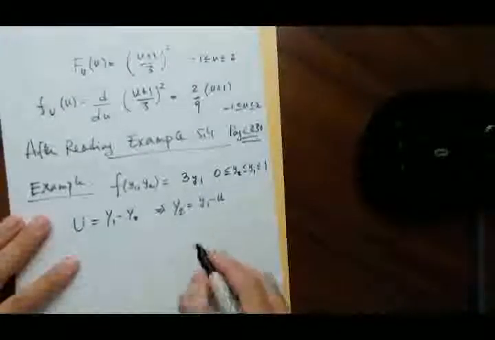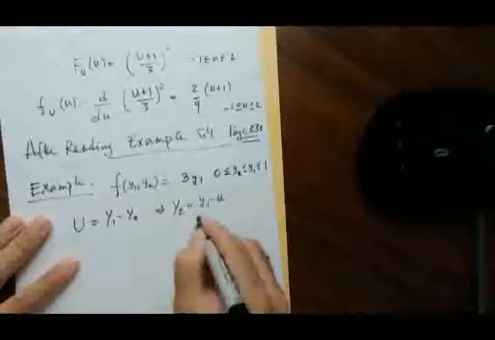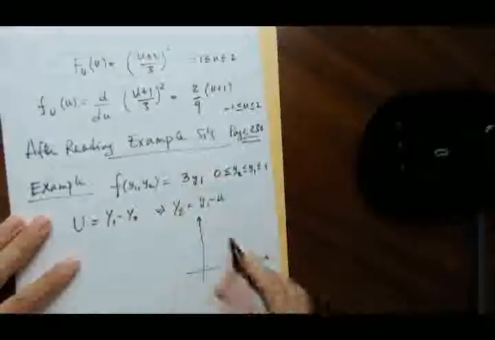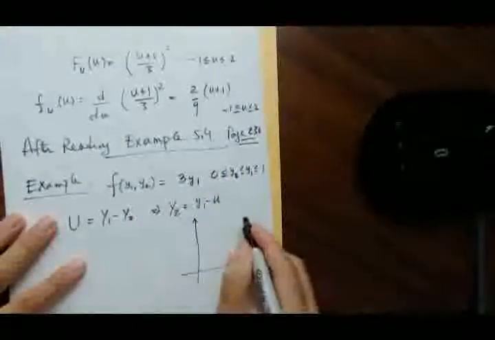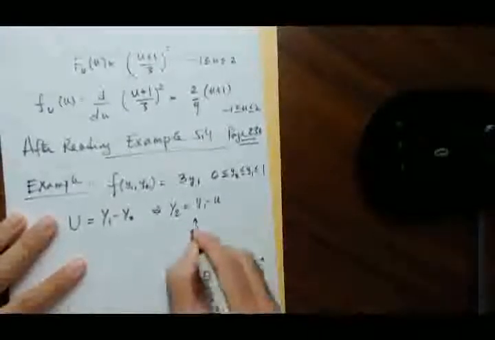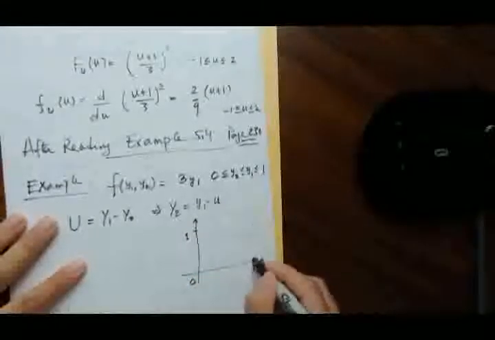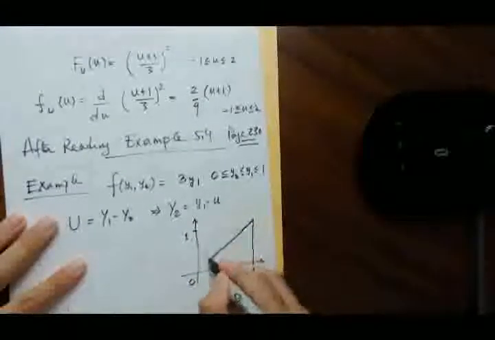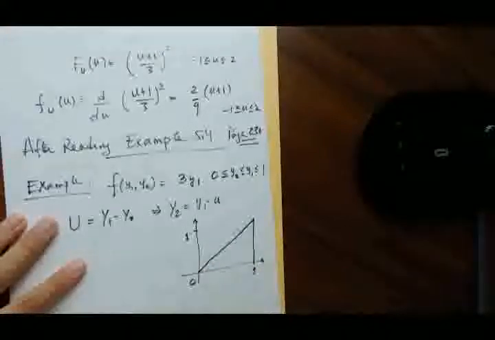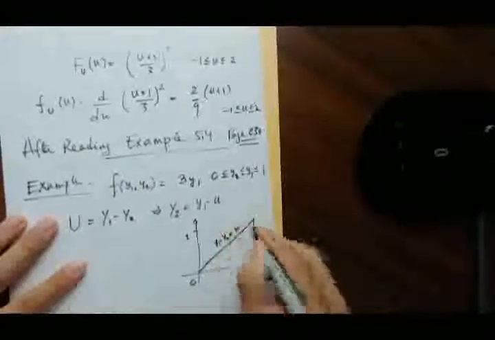Now, here is a little graph I'm drawing here, which will make more sense if you understand example 5.4. So this is between 0 and 1, what's happening. I'm drawing this right angle triangle, which is y1 minus y2 equal to u.